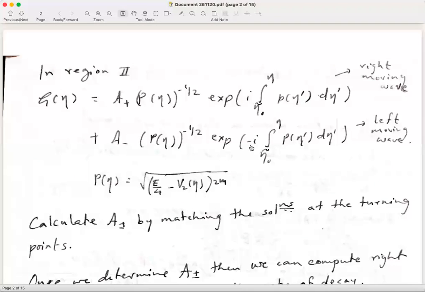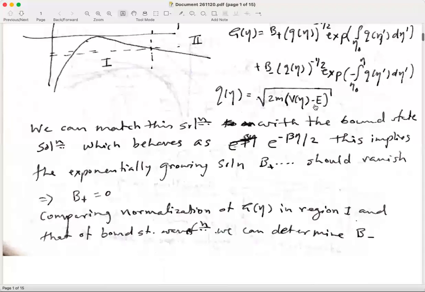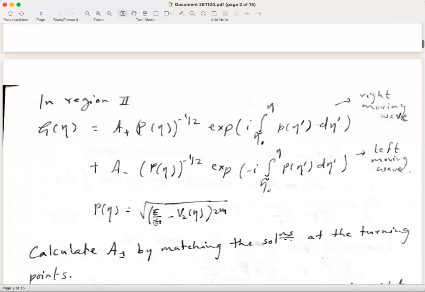In this particular case, of course, you cannot eliminate either of the two because both of them are oscillatory solutions. This solution corresponds to a right moving wave, whereas this corresponds to a left moving wave. I think there is a small typo here. It should have been E by 4. E by 4 is the correct ground state wave function with our normalization, as you will find if you look up the notes.